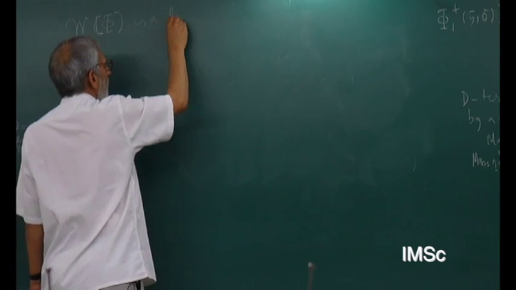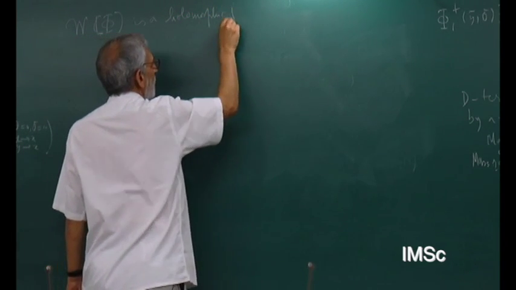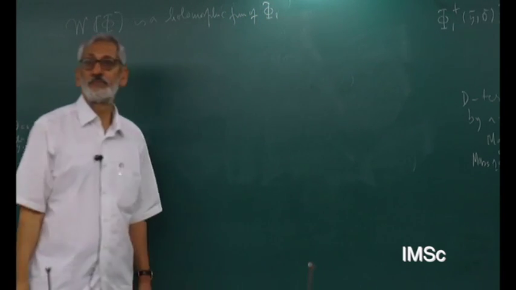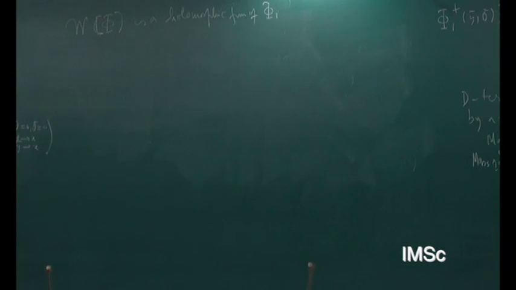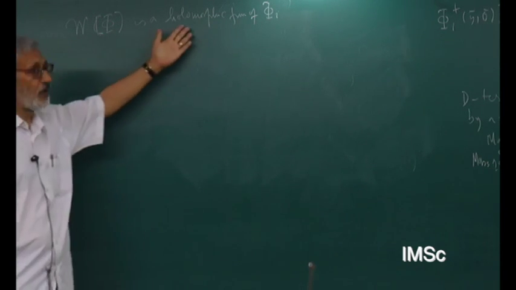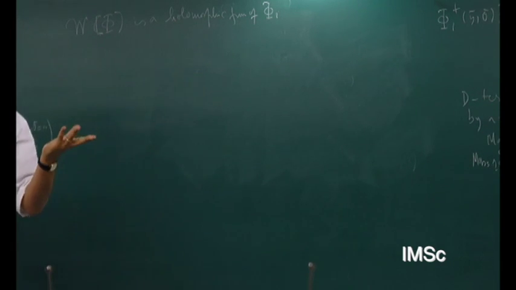There's a technical word they use, holomorphic function of phi i's, which means it doesn't depend on phi daggers. When people use holomorphic, what they mean is it's made up only of chiral superfields, not anti-chiral superfields.